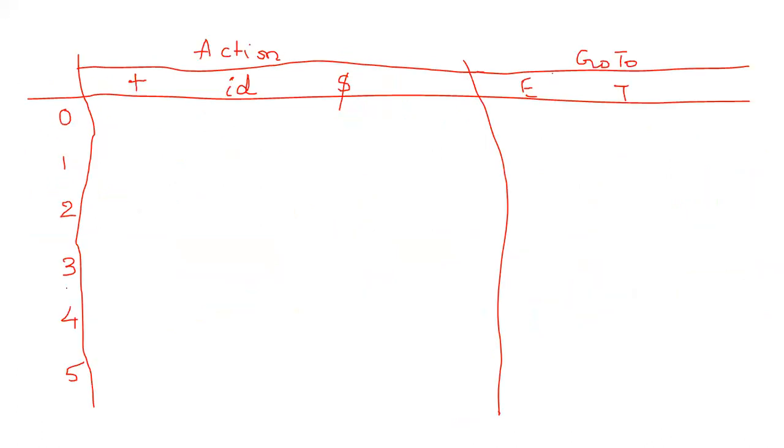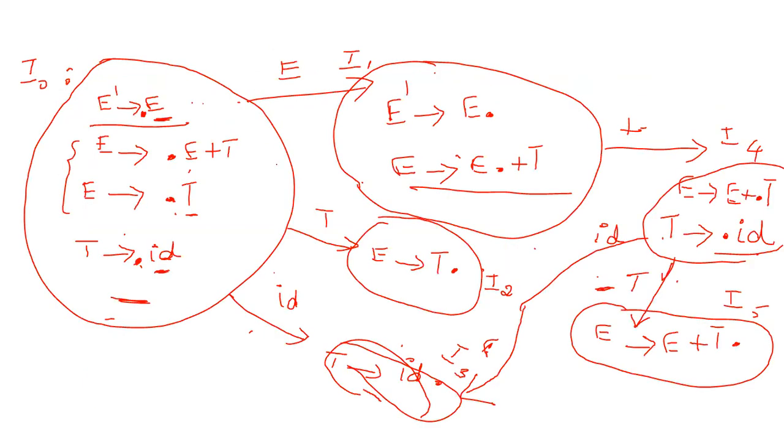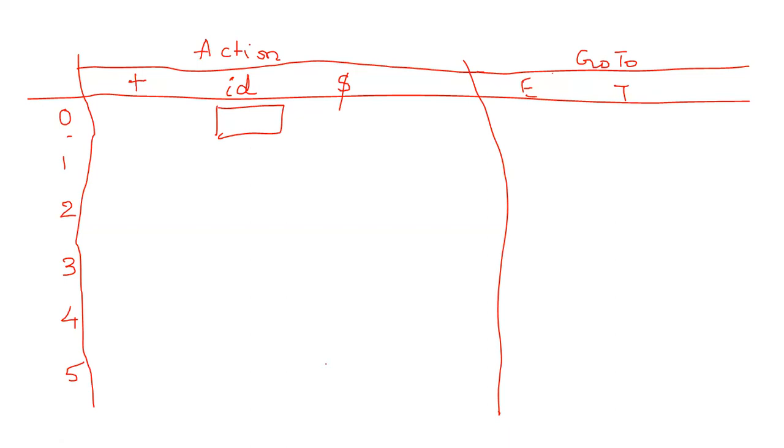So for 0, if I give ID as input, what will happen? For I0, if ID is the input, it will transit to state I3. So here you should give shift 3, S3.